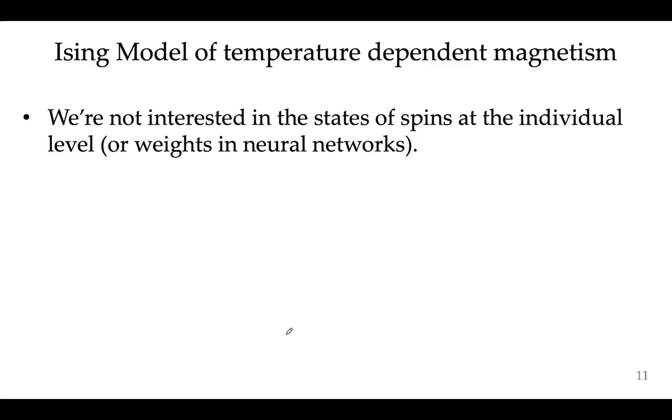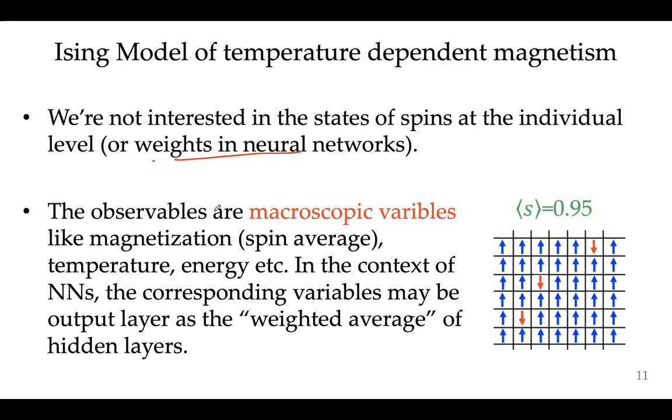Okay, we are not interested in the states of the spins at the individual level. We are not really interested in the position of each spin, just like we are not interested in the particular weights in neural networks, right? So the observables are macroscopic variables, not the spins themselves but the overall aggregate situation, just like magnetization or the spin average that we calculated before.